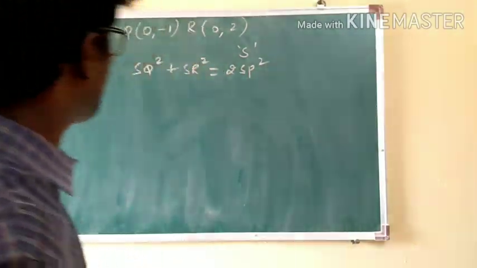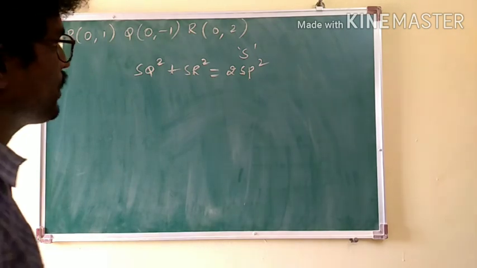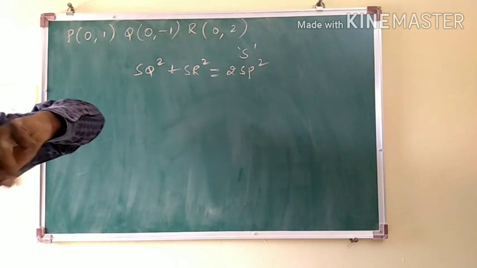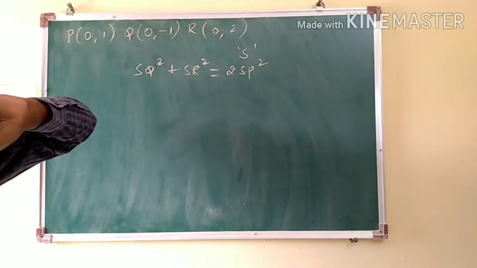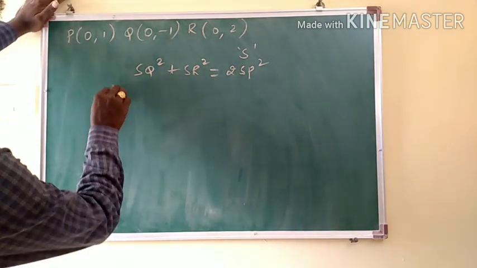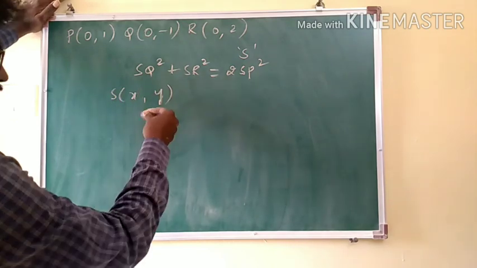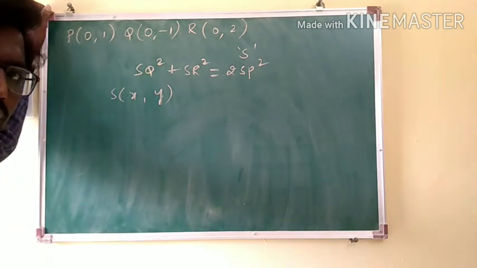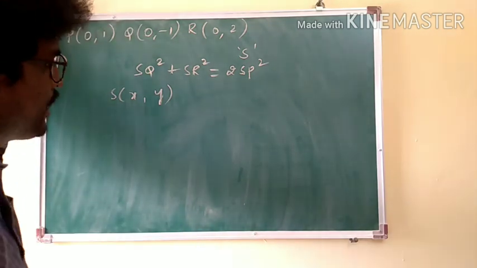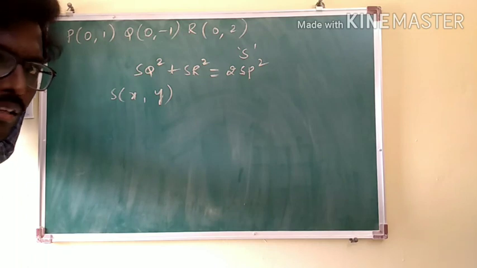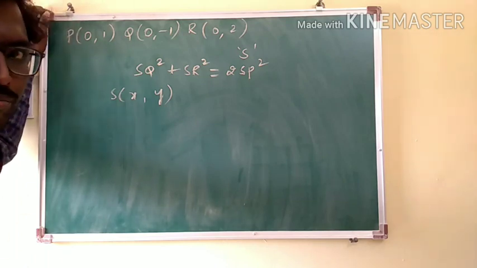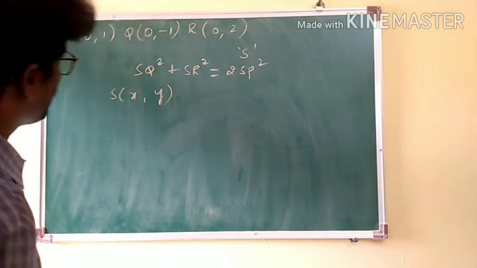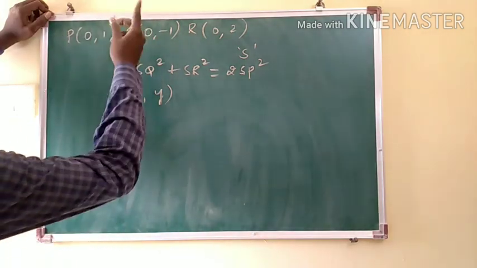Okay, let us see what the given geometrical condition is. SQ square plus SR square is equal to 2 SP square. Here S is the locus. I am taking S as some x comma y, or h comma k also you can take, not an issue. Once you take x comma y or h comma k or x1 y1, not an issue. Your choice. Don't get confused about that. SQ square is nothing but the distance between these two points squared.